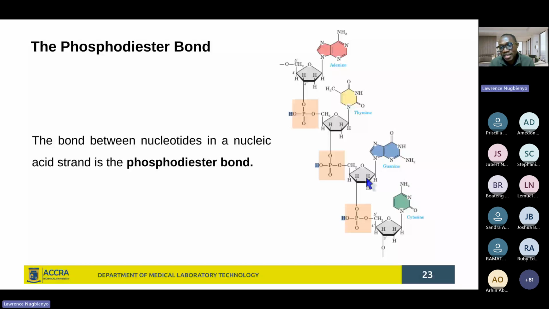So we'll write ATGC, if you are just writing that primary structure with the letters.